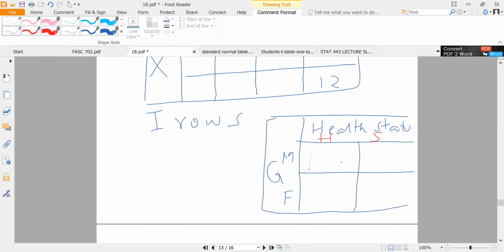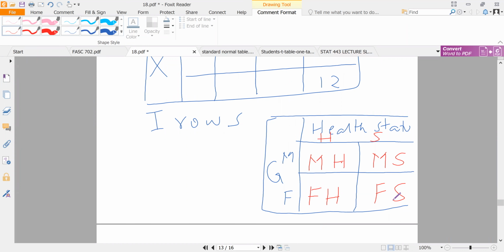You can be male and healthy, or male and sick. You can be female and healthy, or female and sick. Now, this is a simple illustration of a contingency table for two categorical variables.